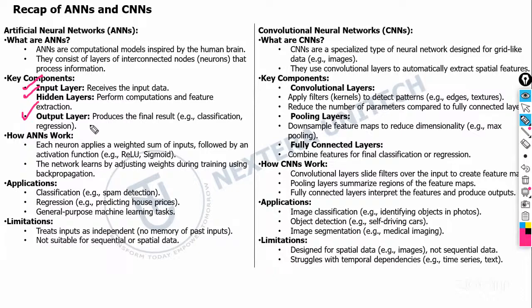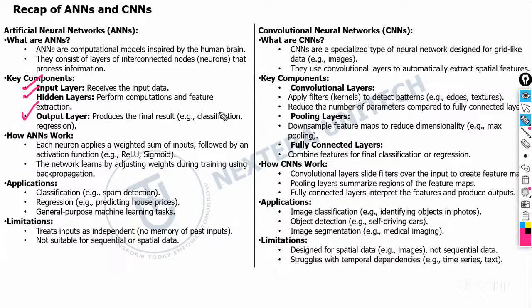In the end, you get the prediction from the output layer. So we can classify, and we can also predict continuous data as part of ANN. Traditional neural networks can be used for classification and regression tasks, depending on the activation function you use, which depends on the task.